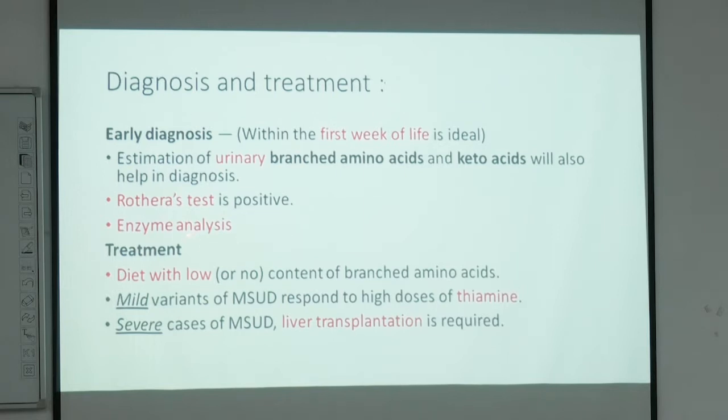For treatment, a diet with low or no content of branch chain amino acids is given, and the mild variants of maple syrup urine disease are treated with thiamine, while the severe cases are treated with liver transplantation.